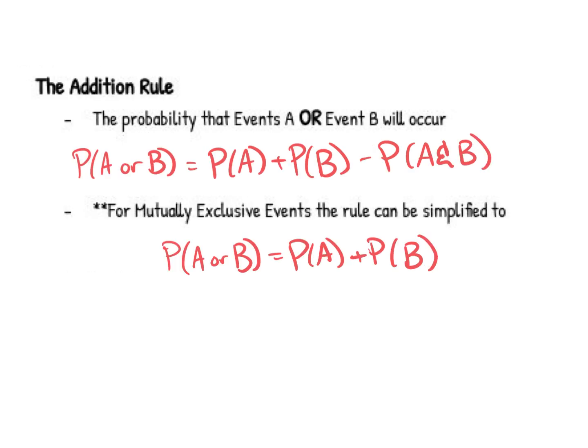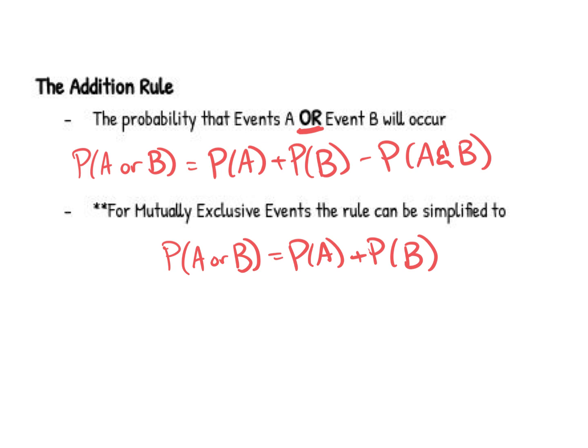So how does that tie into our addition rule? The addition rule is the probability that event A or event B will occur. So that "or" tells us that we're using the addition rule.